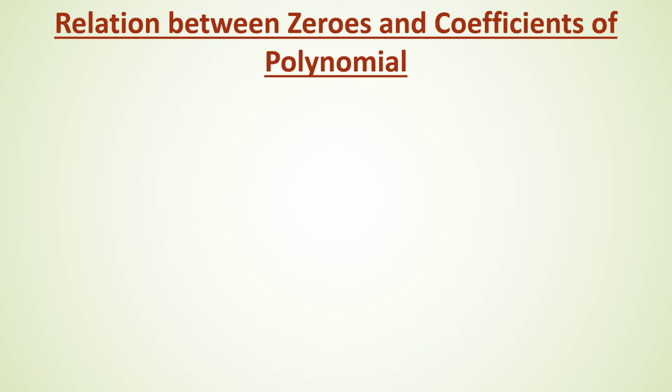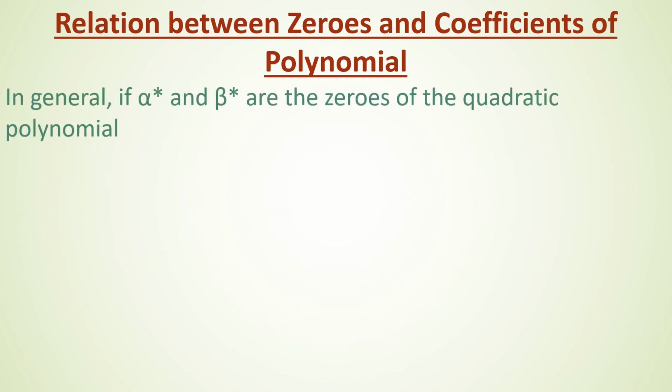A quadratic polynomial is a polynomial of second degree, so it has two zeros. So the relationship must be established between these two zeros. Let us suppose alpha and beta are the zeros of the quadratic polynomial ax square plus bx plus c, provided a is not equal to 0.